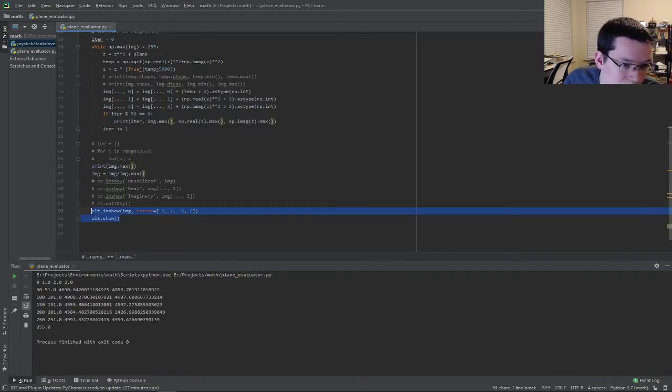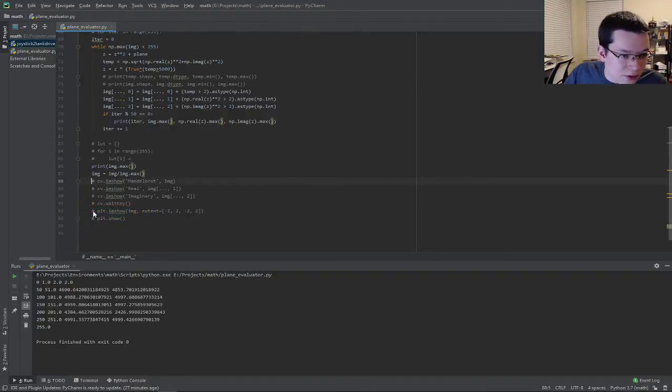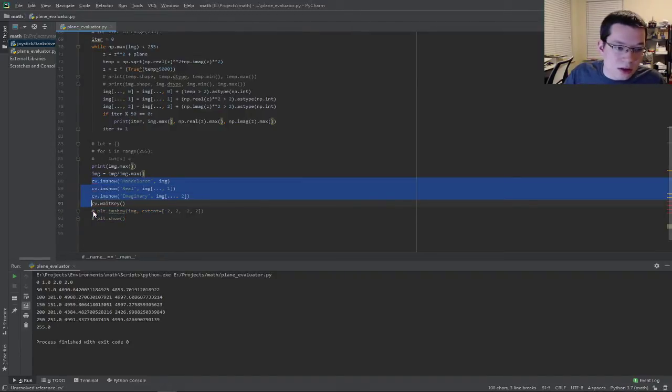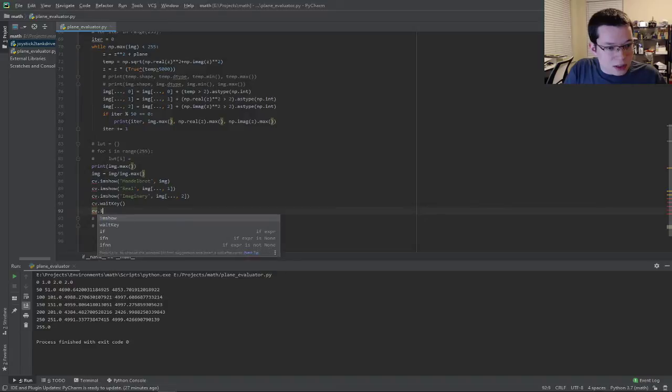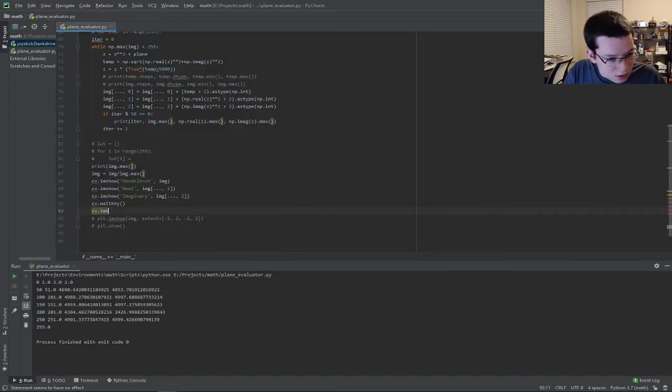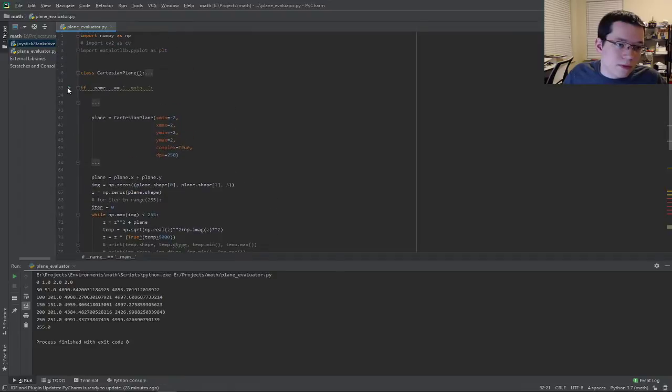But now I want to also save it out of OpenCV because cv.imwrite, right? And I want to save. Come back, I gotta hang on.